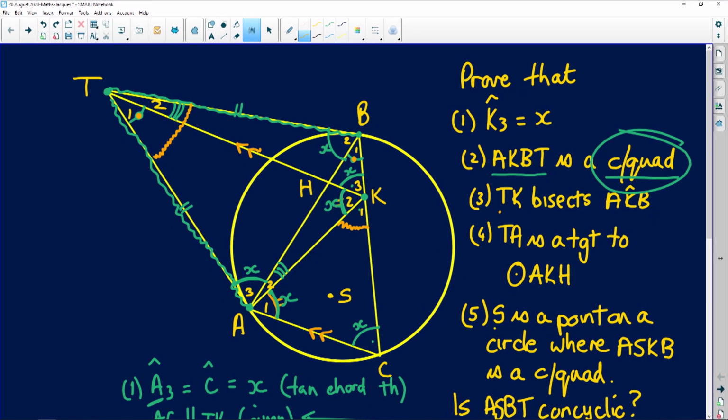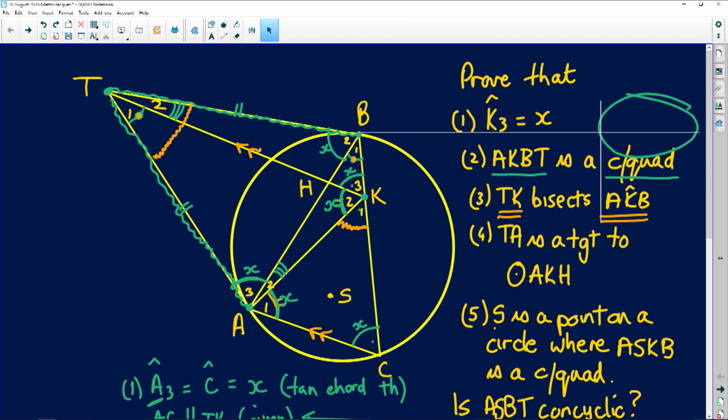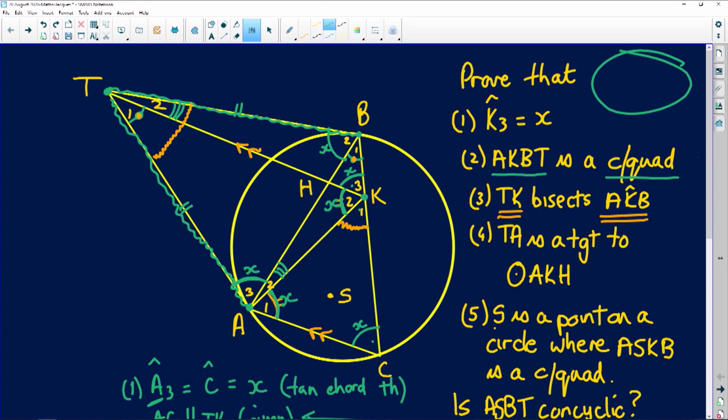Let's look at the third question. The third question says, prove that TK bisects angle AKB. Let me just move that green away for us there. Now, if we go to the diagram, angle AKB is nothing else but angle K2 plus angle K3.